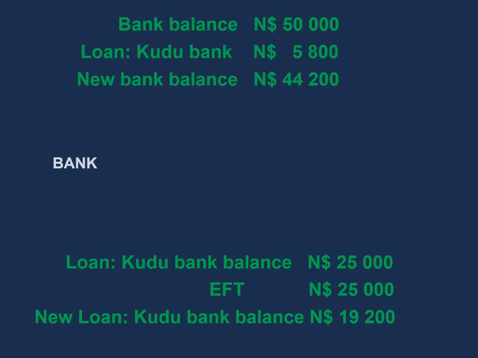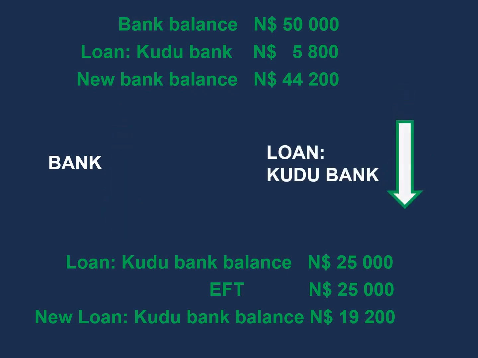So our bank decreased because we were paying the loan, and our loan at Kudu Bank also decreased from 25,000 to 19,200, because when we pay a loan, the amount of that loan decreases.